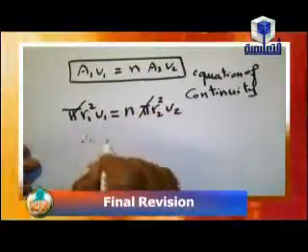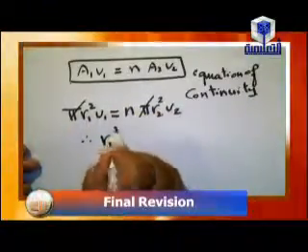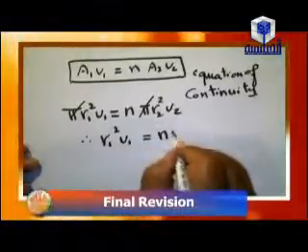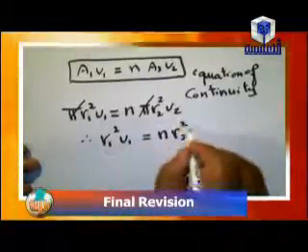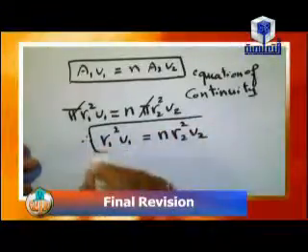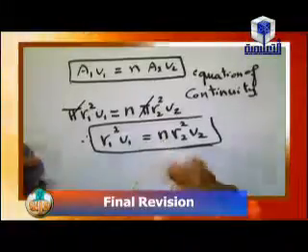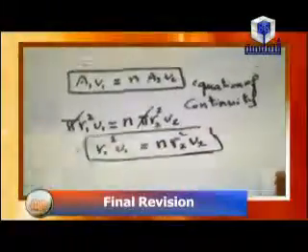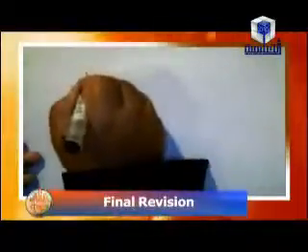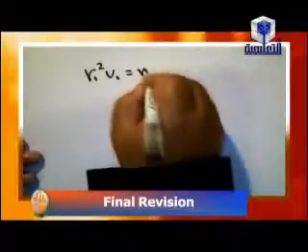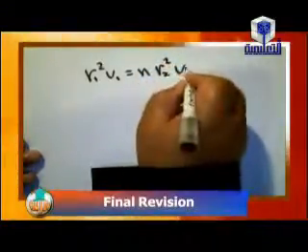Then R1 squared V1 equals N R2 squared V2. We have R1, R2, V1 and V2, so we can find N by substitution.